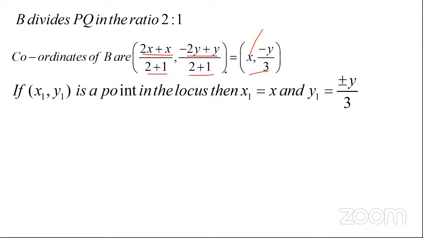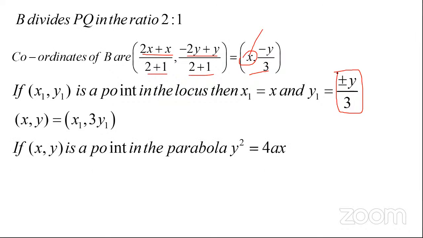Then P(x1, y1) is a point on the locus, then x1 equals x, and y1 equals plus or minus y by 3. So (x, y) equals (x1, 3y1).